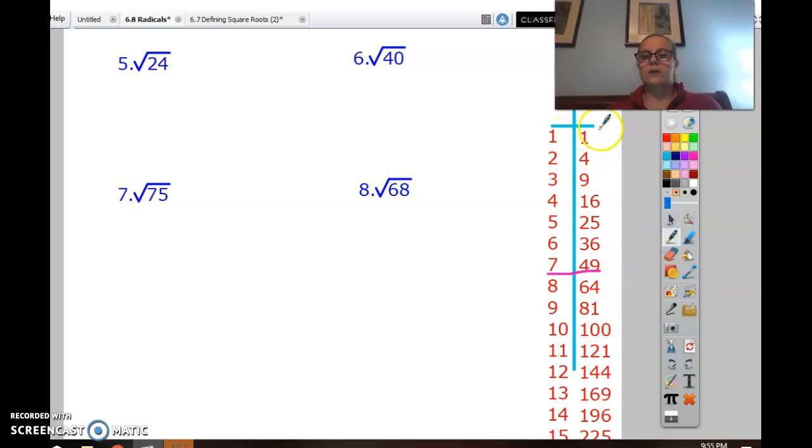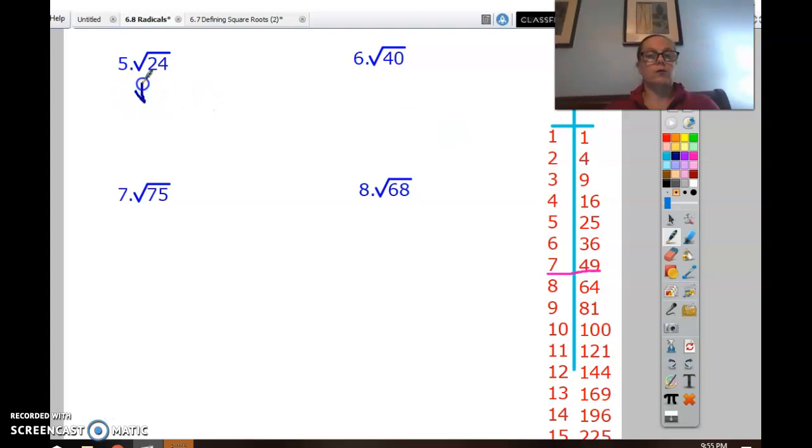If I look down that right-hand column, I see 24 is not there. If I work my way back up, 24 divided by 16 doesn't divide nicely. 24 divided by 9 doesn't work. 24 divided by 4 works.